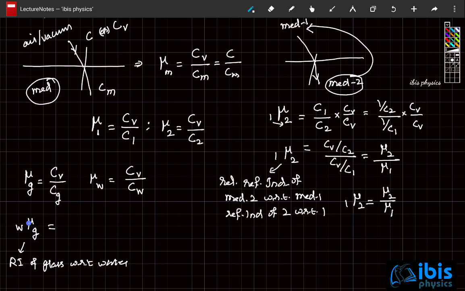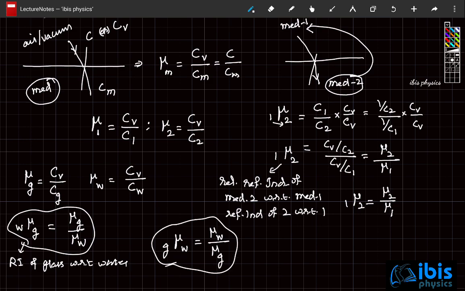Hence mu GW, the refractive index of glass with respect to water, is the refractive index of glass divided by the refractive index of water. Suppose they ask what is the refractive index of water with respect to glass, it is the refractive index of water by the refractive index of glass.